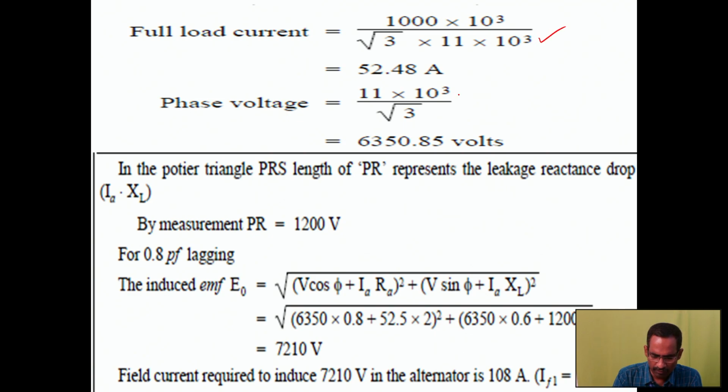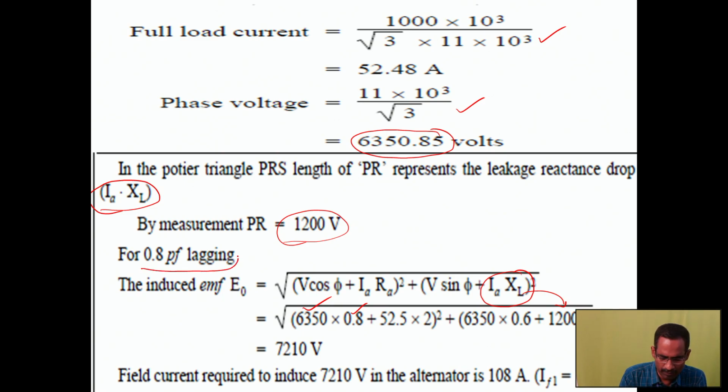first I have calculated the full load current and the per phase voltage. It is my rated voltage. The PR value is 1200. It is considered as the IA into XL. In this formula, instead of IA into XL, I can substitute that value. Then the voltage is 6350. The power factor is 0.8 lagging.